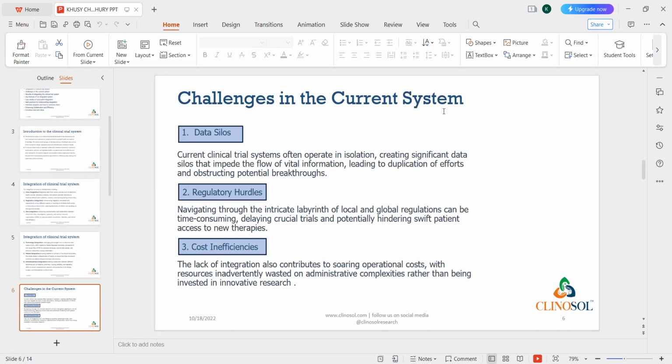Addressing these challenges requires collaboration among stakeholders, including researchers, healthcare vendors, regulatory agencies, and standard organizations to develop and implement robust data integration strategies and a standardized and governed framework. Challenges involve data silos, regulatory hurdles, and cost inefficiencies.